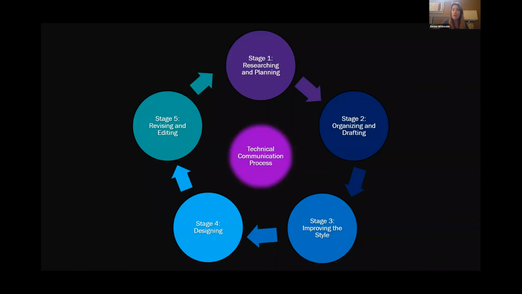So the process for technical communication is of course like most writing, where you start with that research and planning. I would say more in technical communication, we spend more time researching and planning, and it's not always going to library databases and things like that, but it's thinking about everything that we can find on our subject matter.